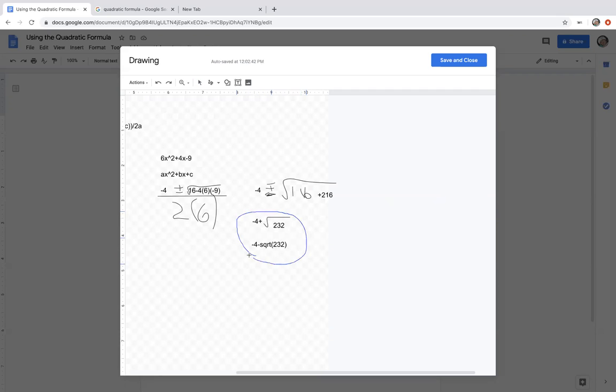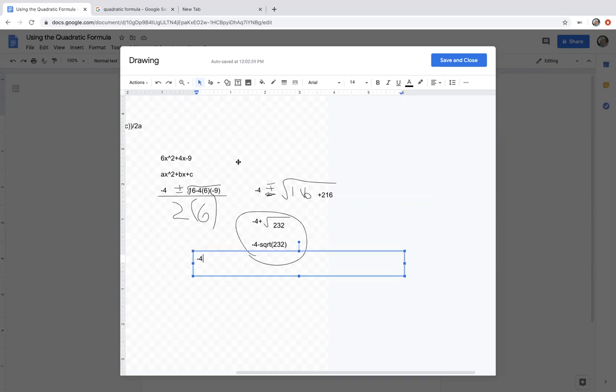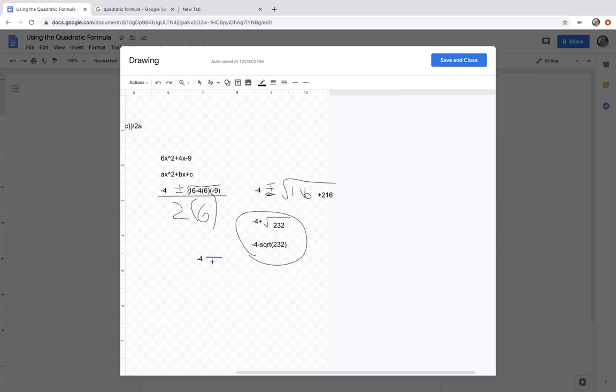solutions. And if you want, you can just write it as negative 4 plus or minus square root of 232.